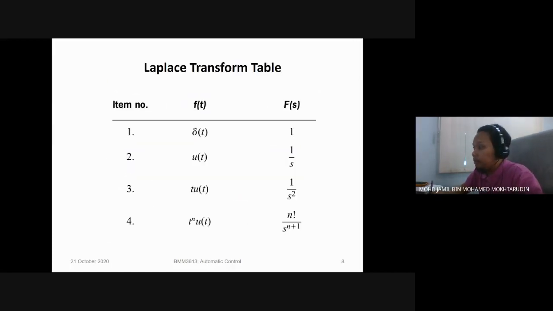Okay, so thanks to this table, you don't have to do the integration manually anymore.